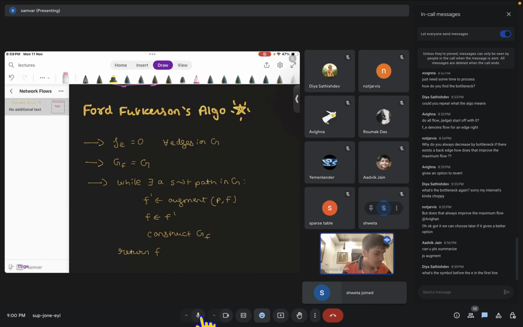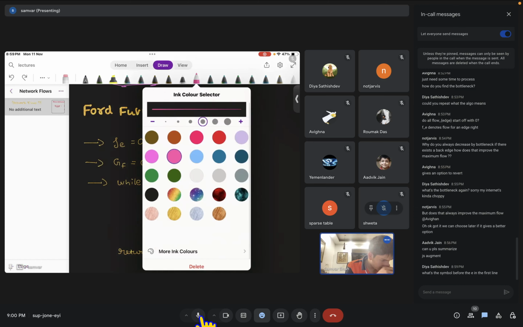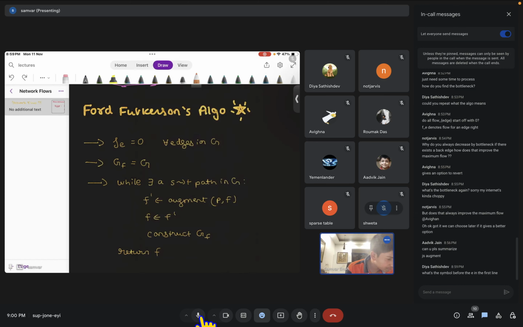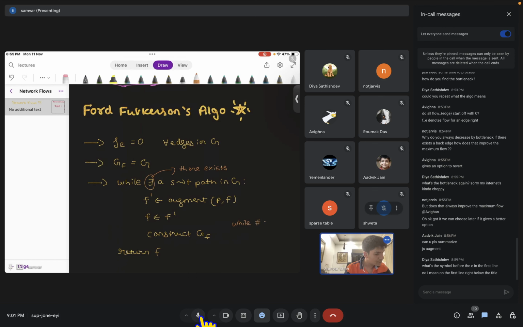Ah, okay. This means there exists. It means it's like a while loop on the number of S to T paths. No, you mean on the first line below the title? Oh, this.